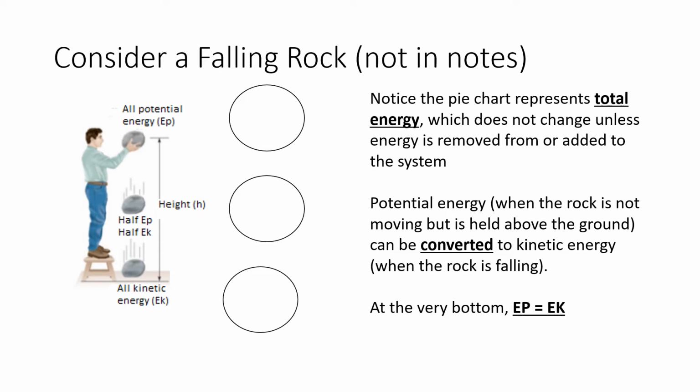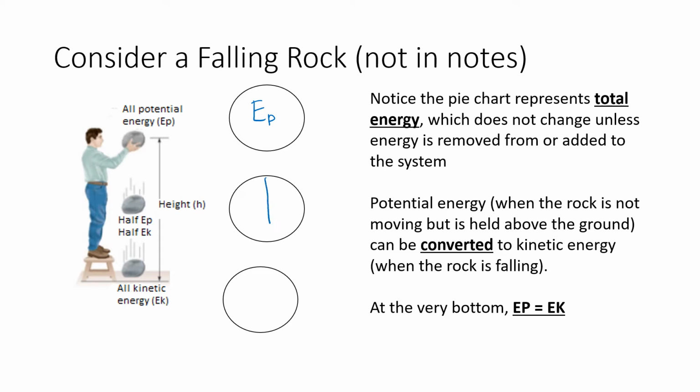Potential energy, which is what we have when the rock is not moving but is positionally in a place where it could move, like being held above the ground, can be converted to kinetic energy when the rock is falling. At the very top, our pie chart is all potential energy, and this is more accurately how we would normally represent this.